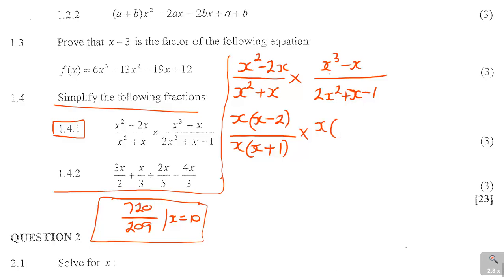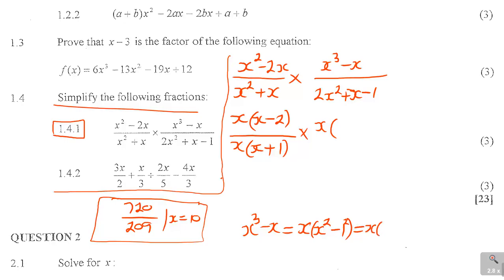Now I just want to show you quickly so that I can do this one. So I've got x in x cubed minus x, x is common, right? So I will have x squared, x into x cubed, I'll cancel one, is x squared minus 1. But x squared minus 1 is a difference of 2 squares, because it's x squared minus 1 squared.